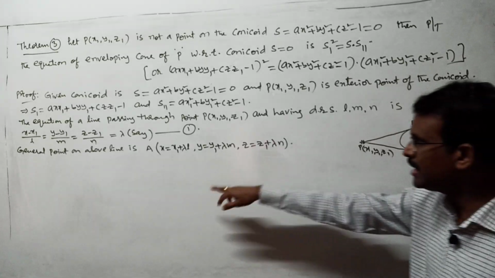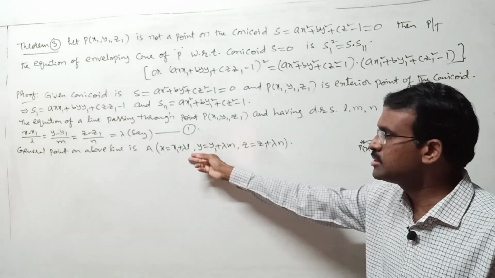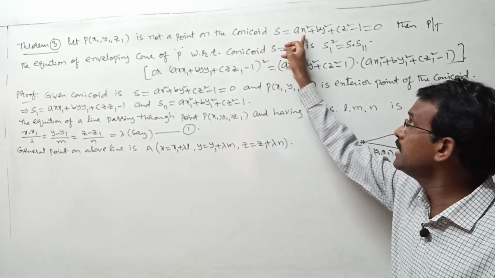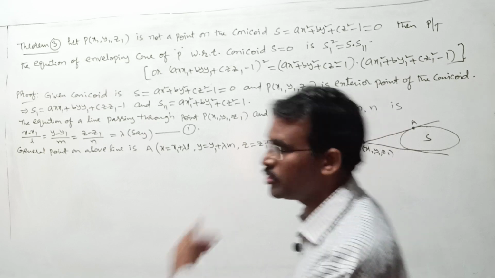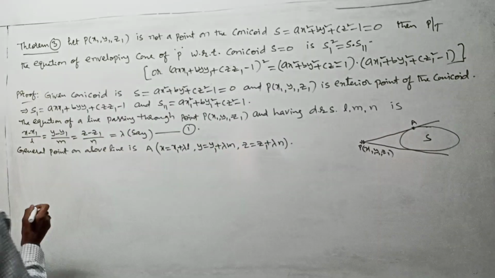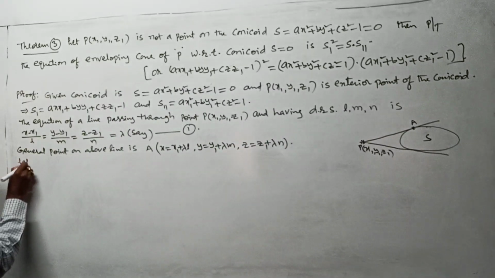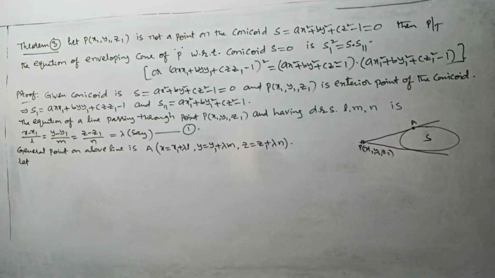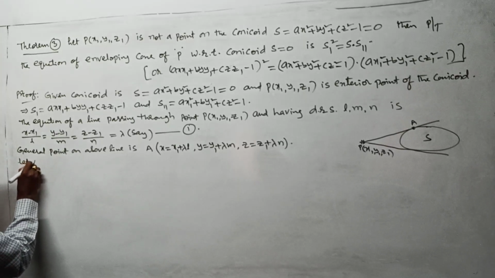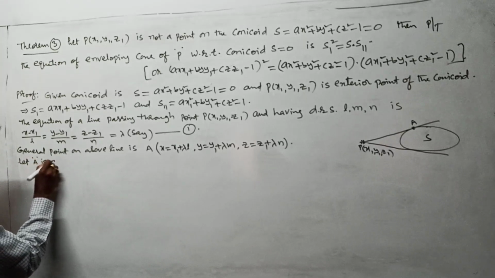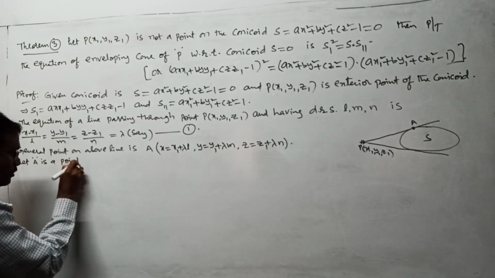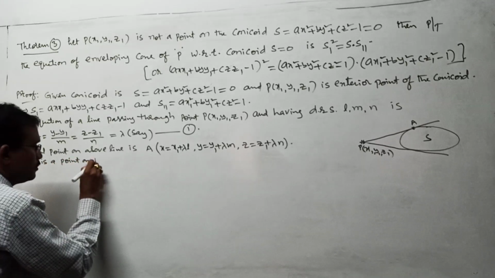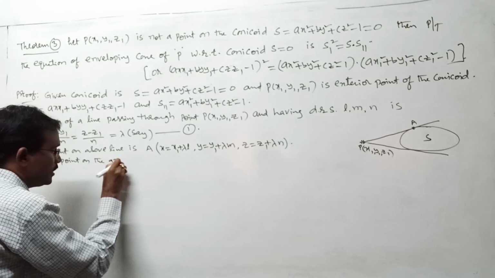In the next step, let us substitute this point A in your given conicoid. Let capital A be a point on the given conicoid.